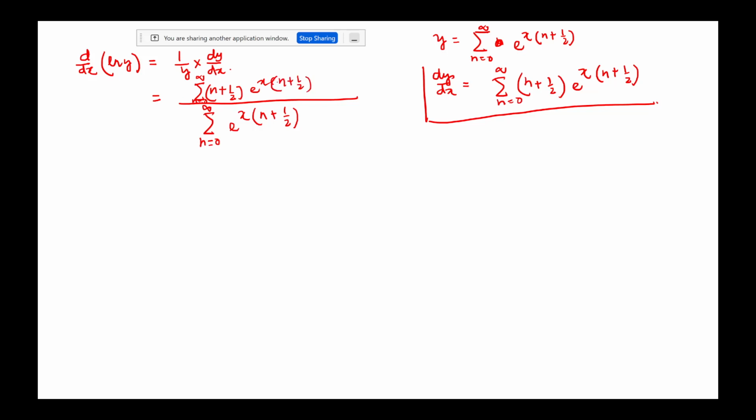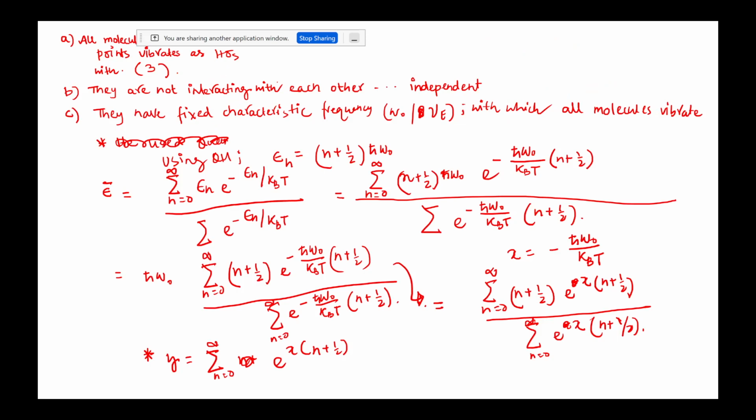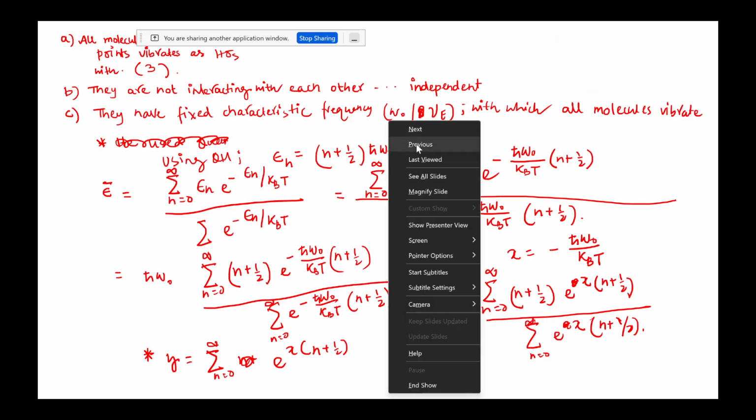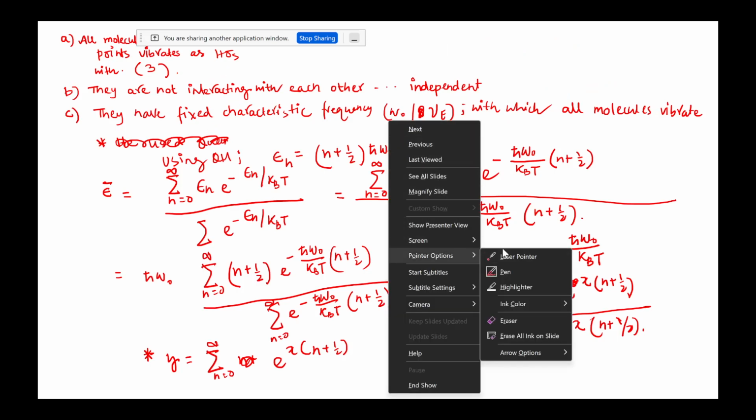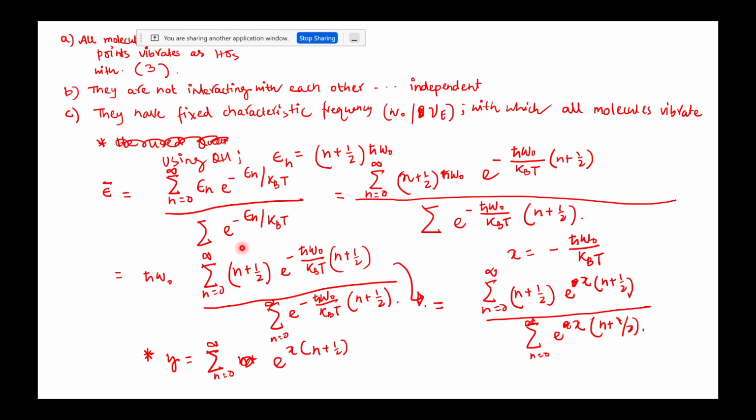So far we haven't used any quantum mechanics except to consider the energy of the harmonic oscillator, which is quantized, (n plus half) h cross omega naught. Okay, now this is that. Then I can easily say the whole thing is d/dx of ln y, right?